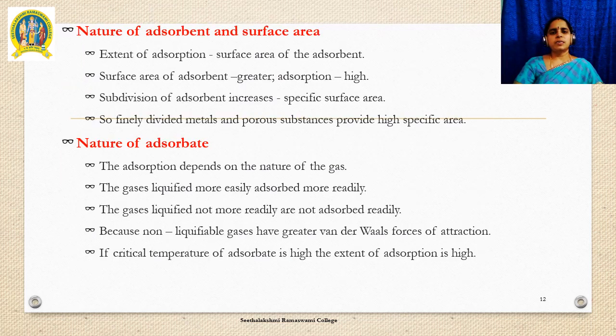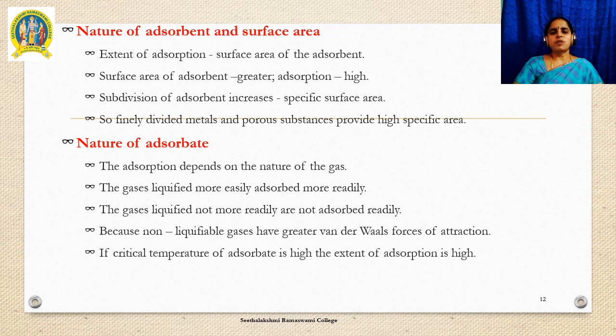Nature of adsorbent and surface area. The surface area of the adsorbent greatly influences the extent of adsorption. If the surface area is high for an adsorbent, then the amount of substance getting adsorbed is also high.